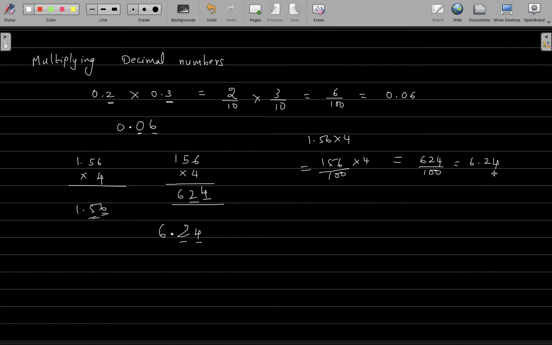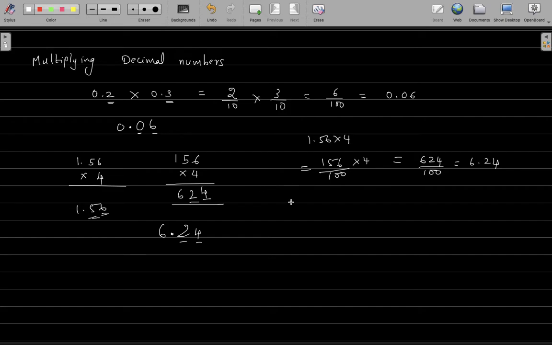So, instead of converting into fractions and then representing it, we are directly writing the answer as 6.24, just with this understanding that we have two positions after the decimal point. We leave two positions and keep a decimal point before the second position in your answer, which will give you your required answer for your multiplication.